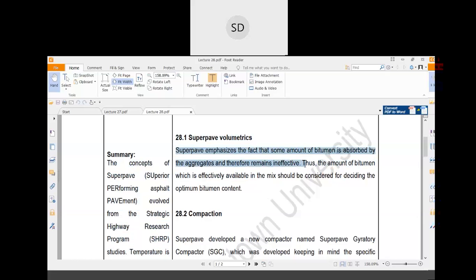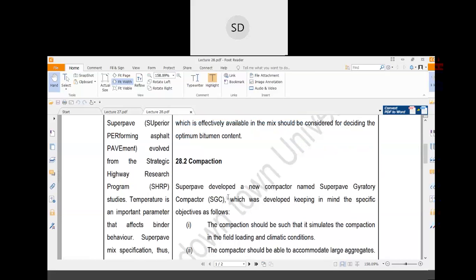For the pavement and aggregate mixes, some of the bitumen could be penetrated further into the inaccessible gaps or pores of the aggregate particles, which remain unused for bonding. So the amount of bitumen which is effectively available in the mix should be considered for deciding the optimum bitumen content.